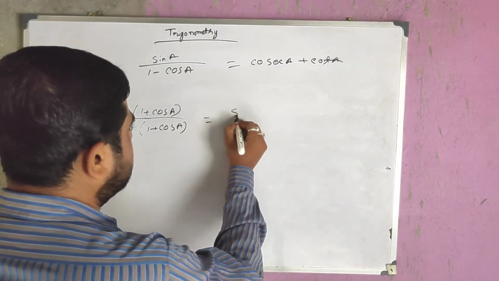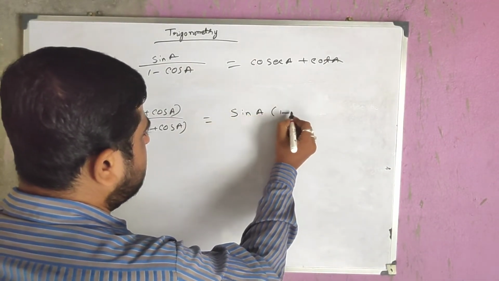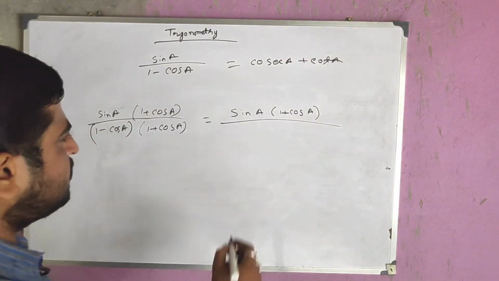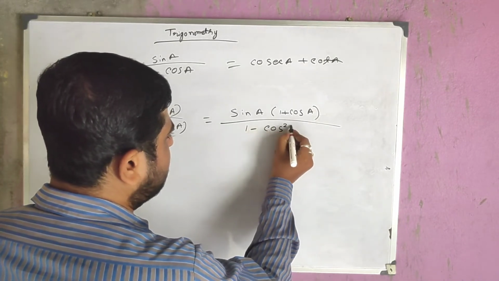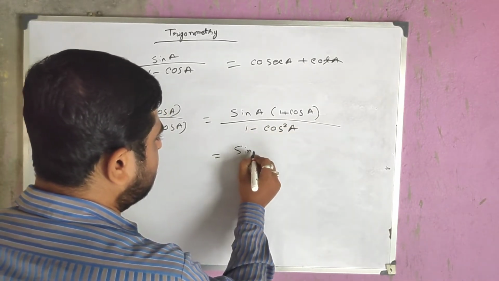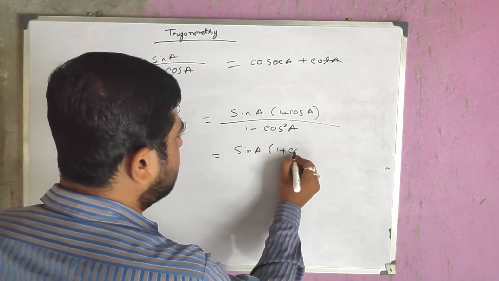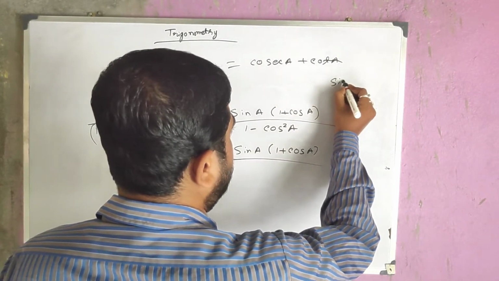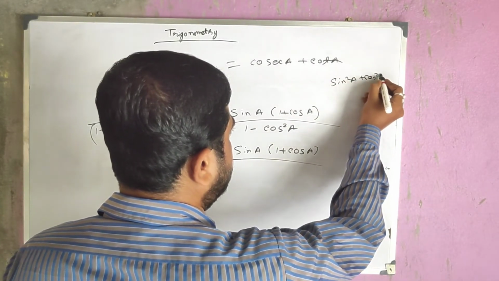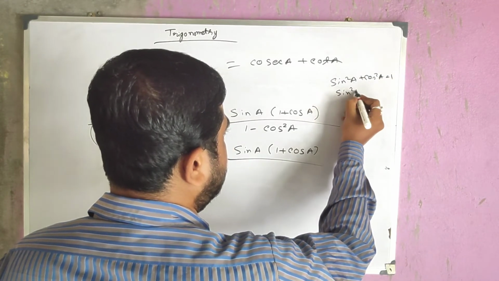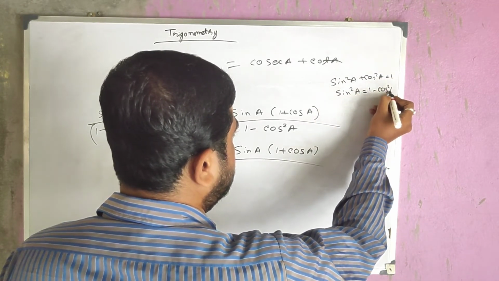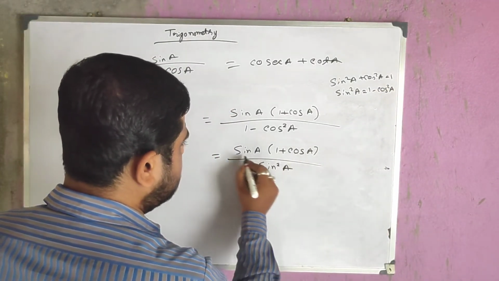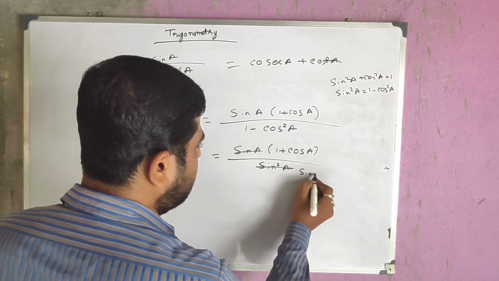So it will become sin A into (1 plus cos A) by (1 minus cos A) into (1 plus cos A), which means 1 minus cos square A. From sin square A plus cos square A equals 1, sin square A equals 1 minus cos square A. So we can cut sin A into sin square A, it will remain sin A only.